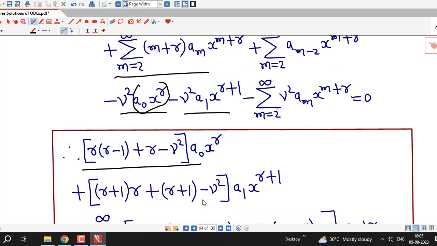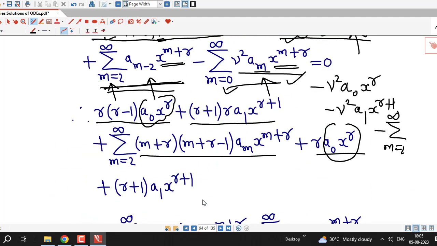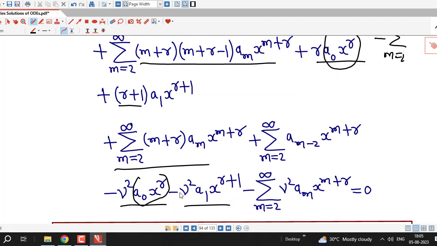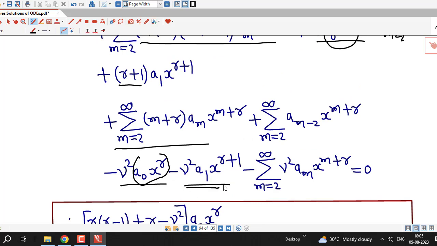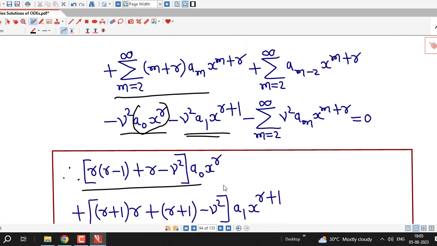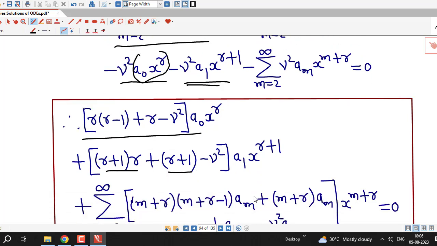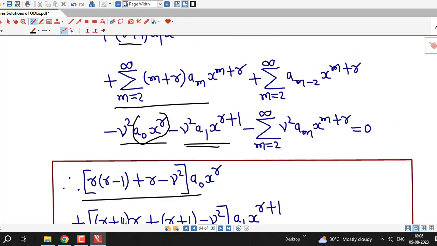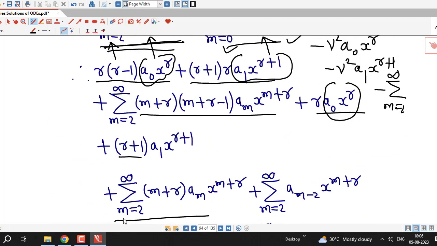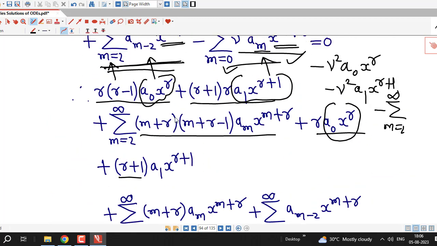Then we combine the terms with a1 x^(r+1): (r+1) into r plus (r+1), and this ν² a1 x^(r+1). So (r+1) into r plus (r+1) minus ν² a1 x^(r+1). Then the sum from m equal to 2 to infinity, with the coefficient of x^(m+r) common.